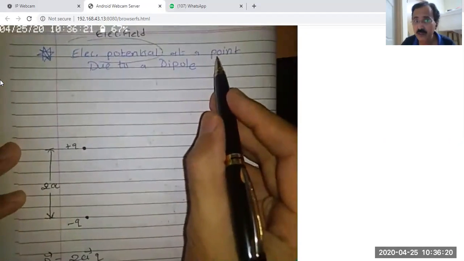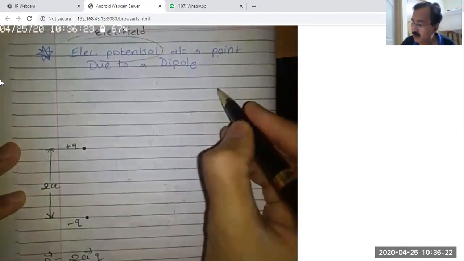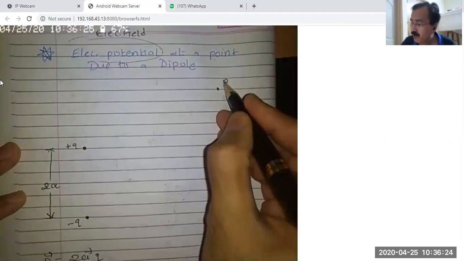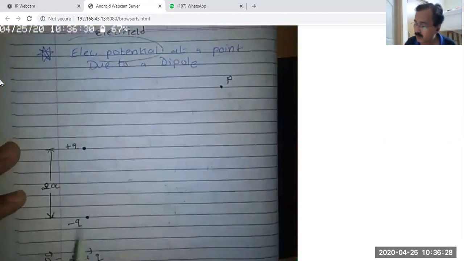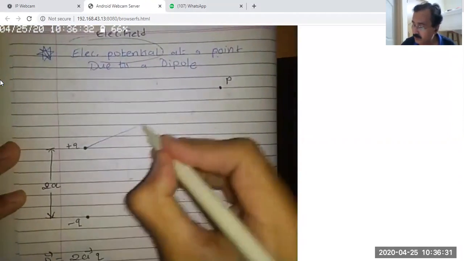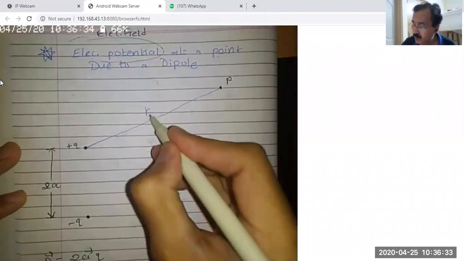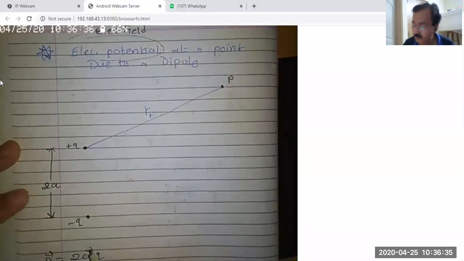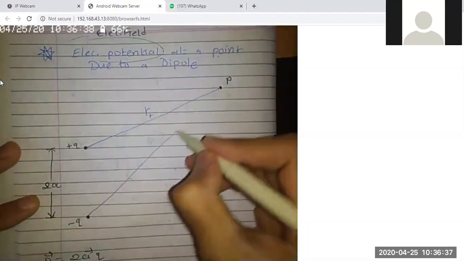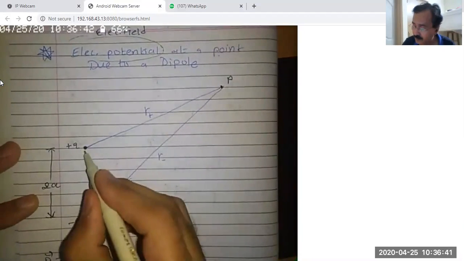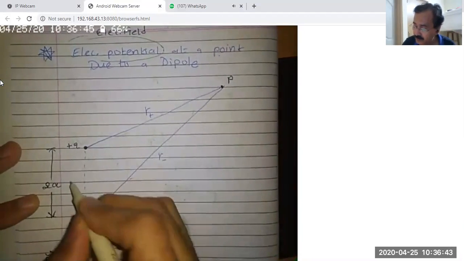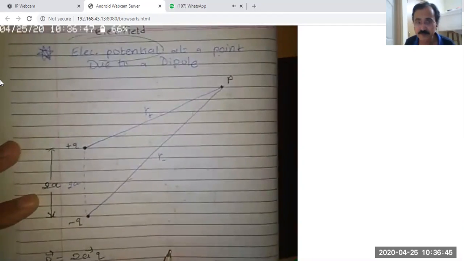You have to find the potential at a point. Let's say this is that point P where we want to find potential. The distance from the positive charge is R plus, and the distance from the negative charge is R minus. The separation is 2A.